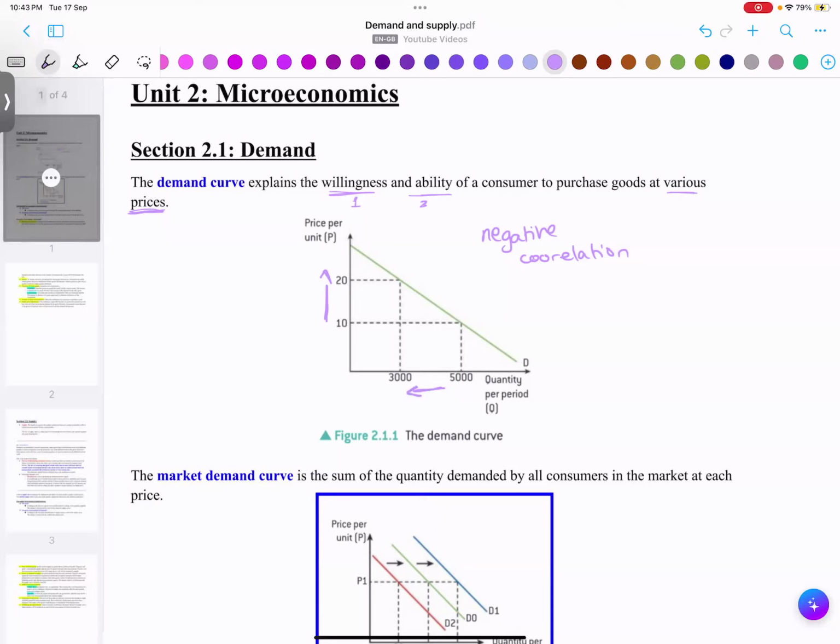That's why at 10, the quantity per period is 5,000, but at 20, the quantity per period is 3,000. So you can see that it is negative sloping, okay?